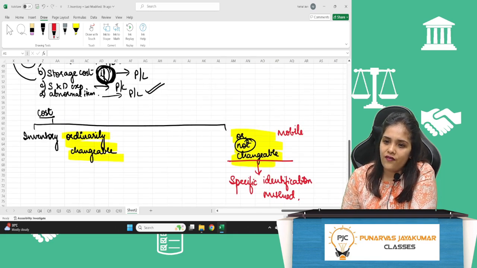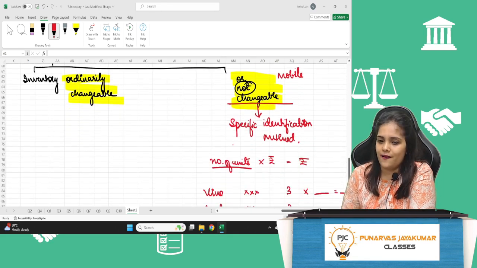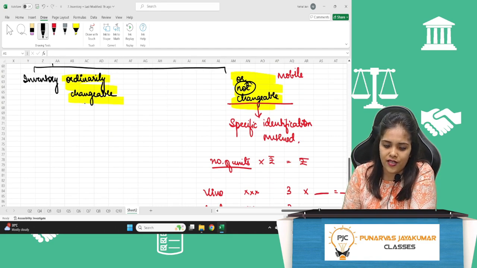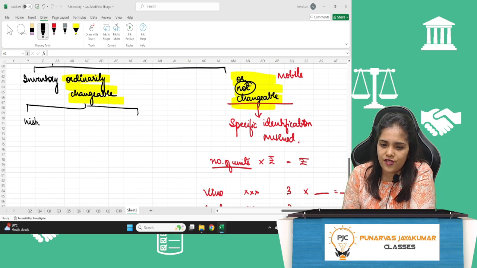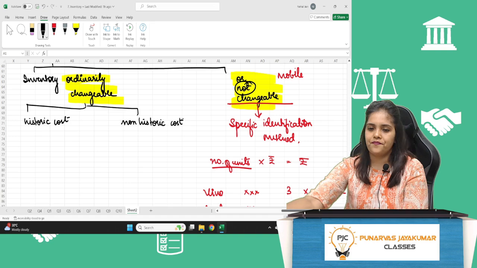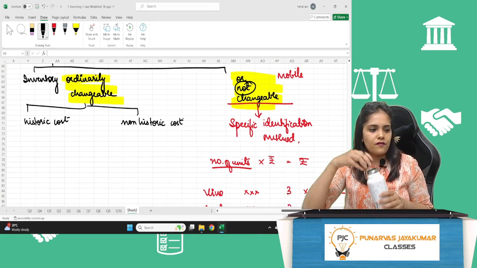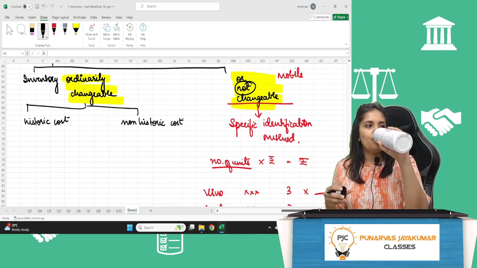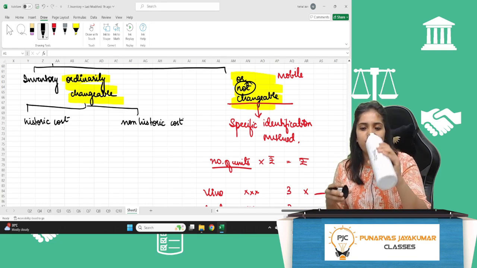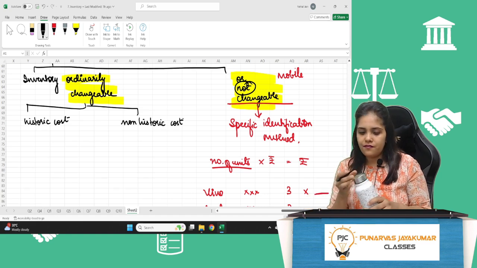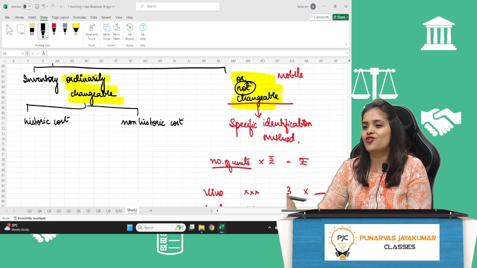Then you talk about inventory that is ordinarily interchangeable. Inventory that is ordinarily interchangeable has two methods: the historic cost method or the non-historic cost method.